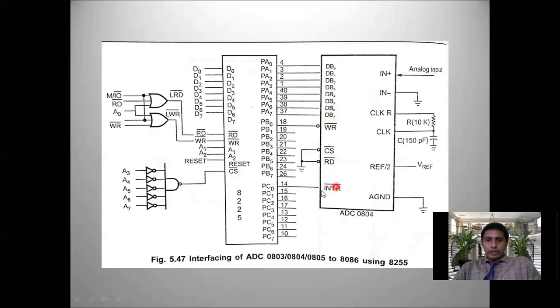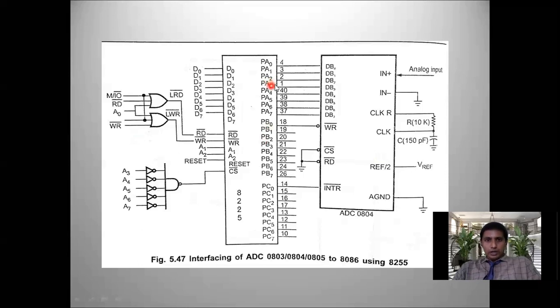Whenever INTR bar is low, 8255 understood that conversion is completed, and that information is transmitted to the processor via data lines. Then the processor receives the 8 bits of data from the ADC through port A and the data lines of 8255. Like that, we can interface 8086 to ADC using the 8255 IC.